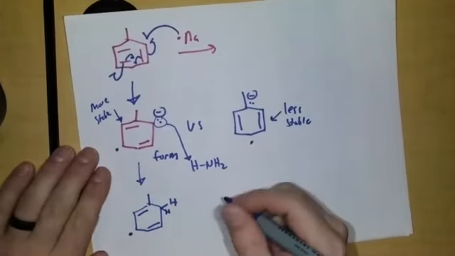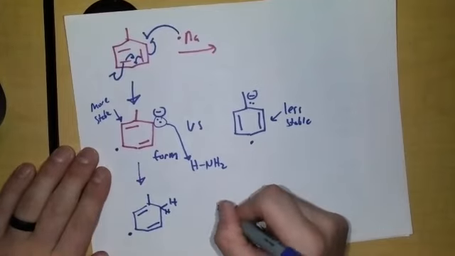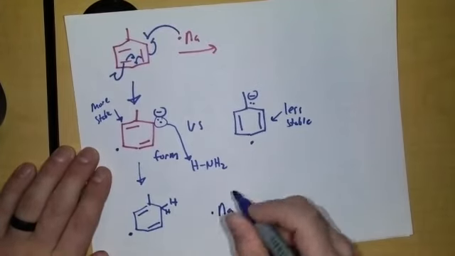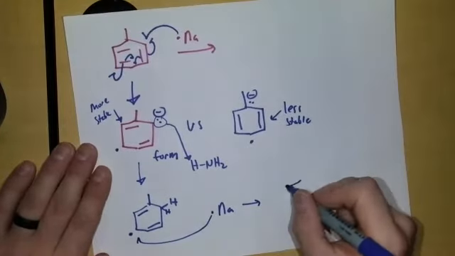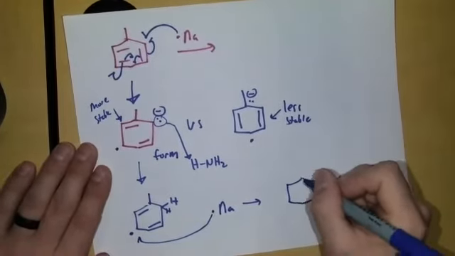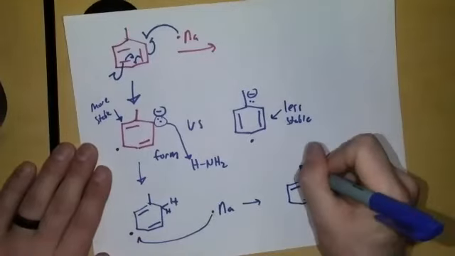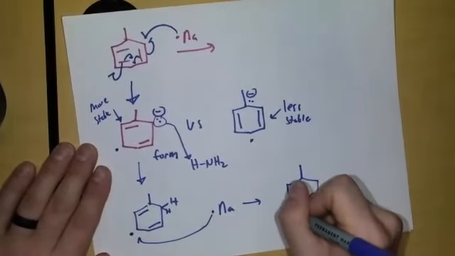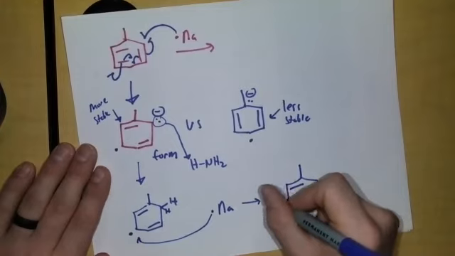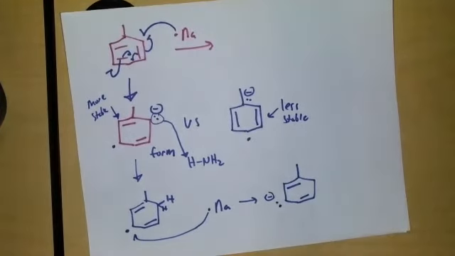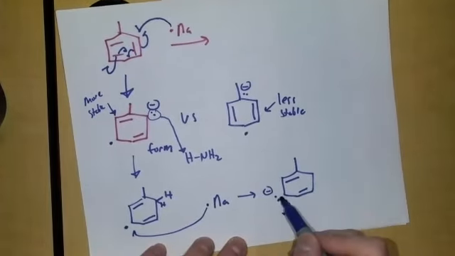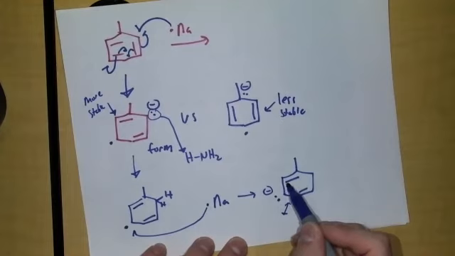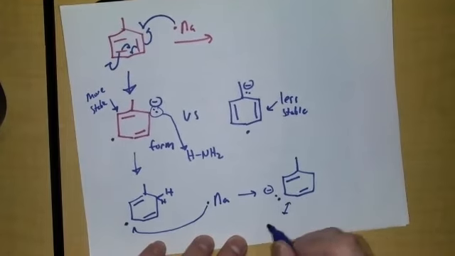We'll have another sodium give us another electron. This is going to be our most stable resonance structure, because these electrons can go up here or down here.